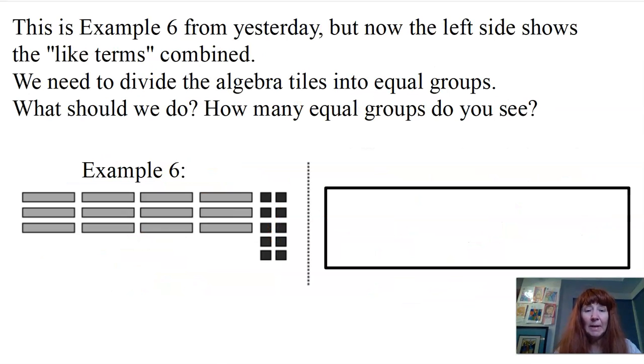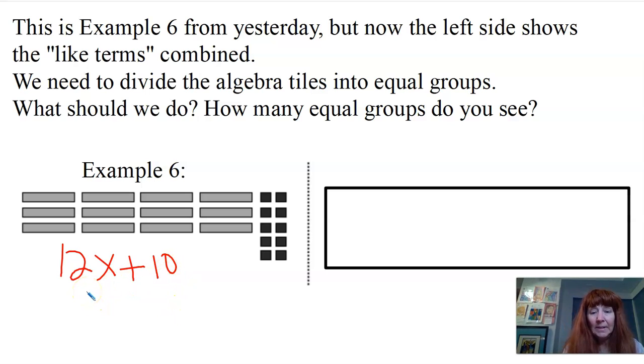And here's another example from yesterday. And notice if I write the expression, I always want to write the expression first if it's not already there. I have 3, 6, 9, 12. I got 12 x's plus 5, 10. And I know that 12 and 10 are both divisible by 2.